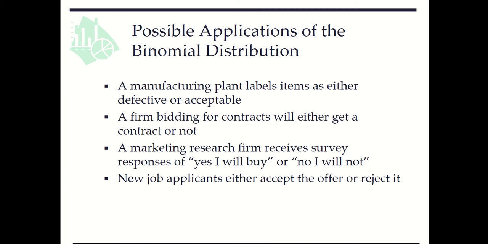A marketing research firm receives survey responses of yes or no. New job applicants either accept the offer or reject it. In each of these examples, we have outcomes taking two possible values or falling in two categories.